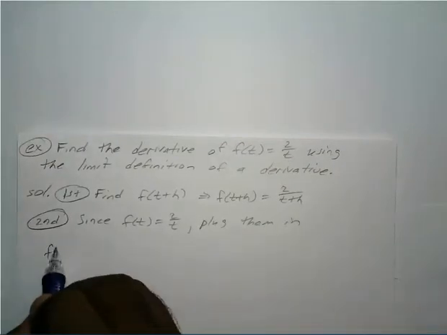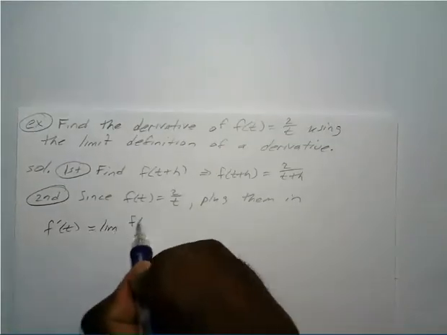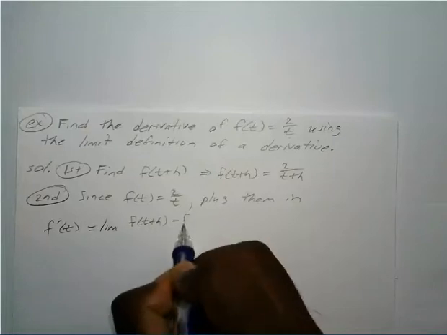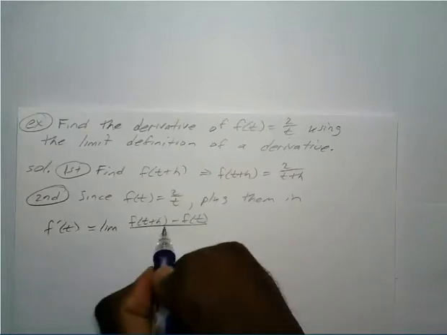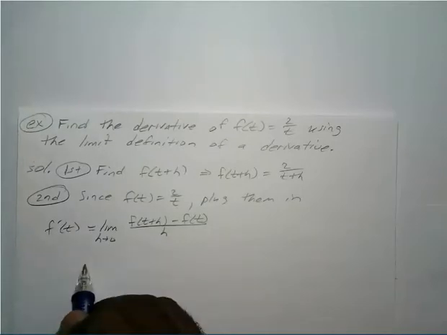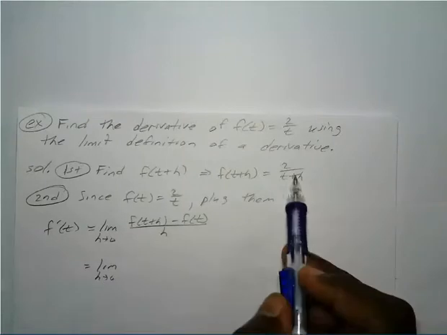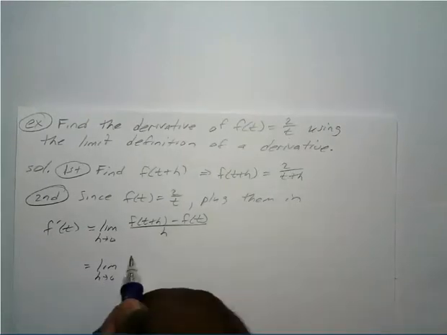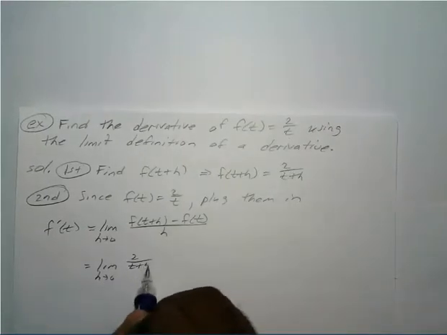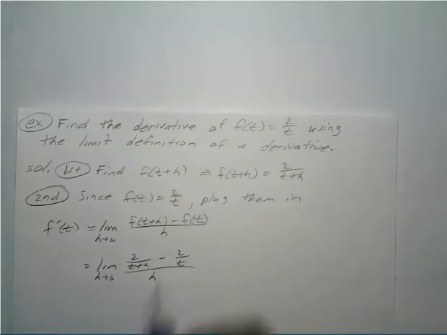Okay, so we know that our f prime of t is equal to the limit of f of t plus h minus f of t all over h as h approaches 0, which is equal to the limit as h approaches 0 of 2 over t plus h minus 2 over t all over h.